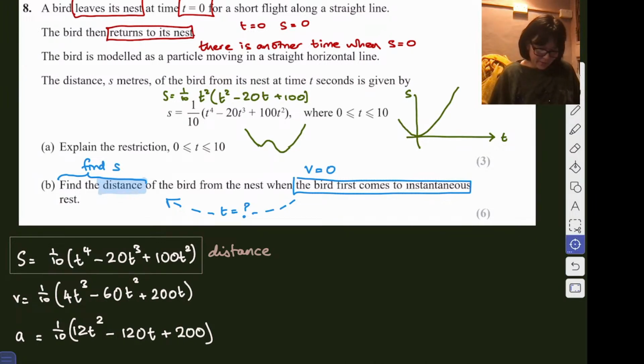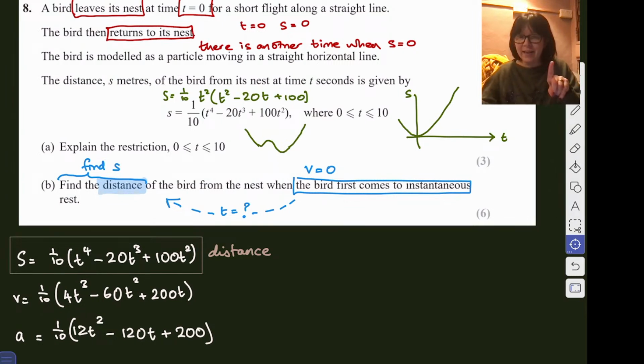The whole point is that this is displacement, really, it's how far it is from the nest. And we are told that it goes on its flight and then it returns to the nest. So when it says returns to the nest, that's another time when the distance from the nest is 0. So the bird is in the nest, S is 0, flies away, S is getting bigger and bigger and bigger, and then it turns round.